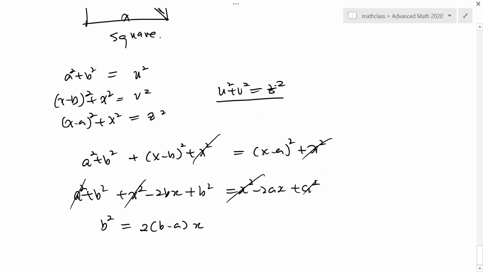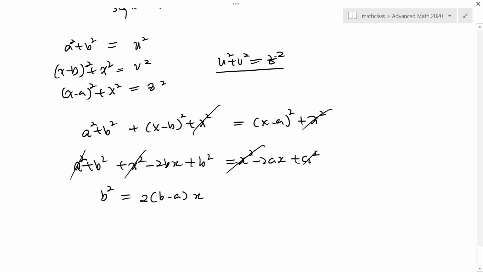Yes. So x is going to be b squared over 2b minus a. Okay.